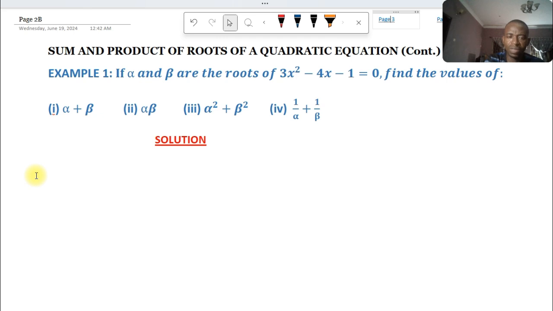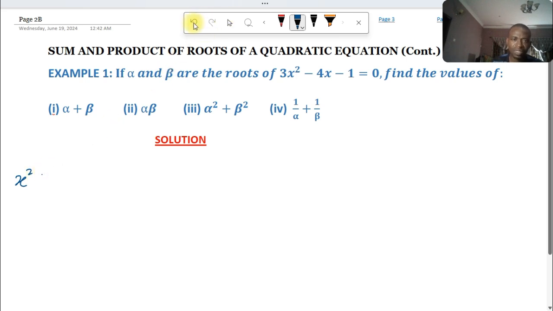I am going to fashion the third question, which is alpha squared plus beta squared, in such a way that it will contain alpha plus beta and alpha multiplied by beta.